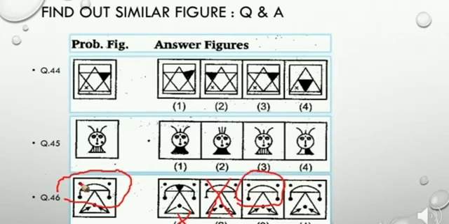This dot is available here as well as here. At this place also it's there, at this place also it is there, and this, so this is matching. Let's check for option 4. In option 4, this portion is also matching, so the answer is either 3 or 4.